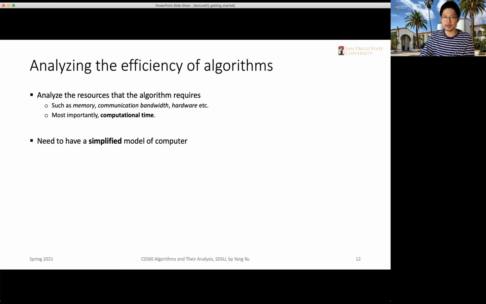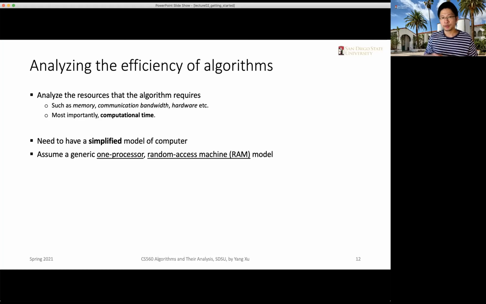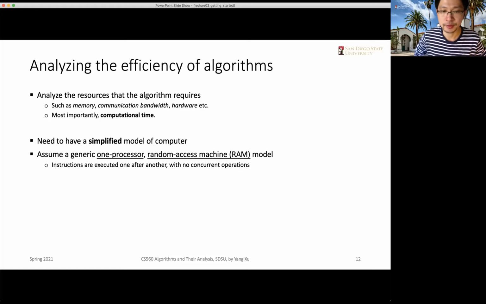is rather simplified. We assume there's one processor, with the random access machine model, random access memory model. In this model, there's no parallel computing fancy stuff going on. That means the instructions will be executed one after another. There are no concurrent operations.